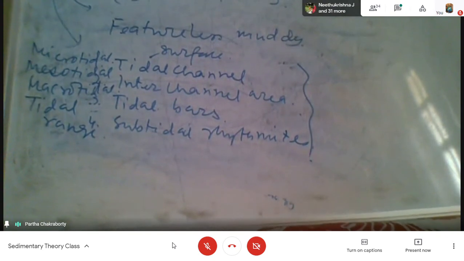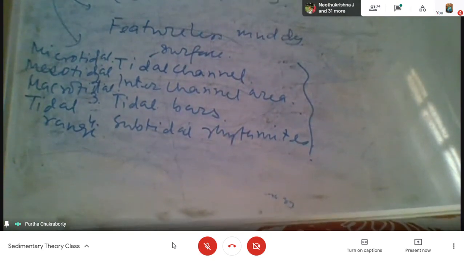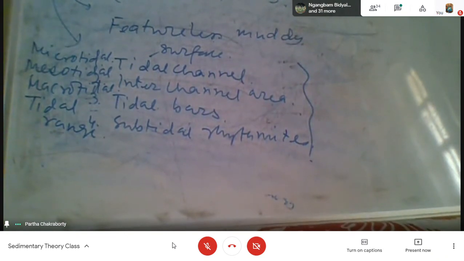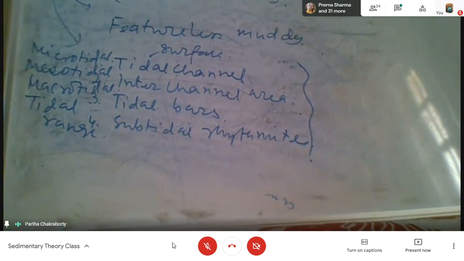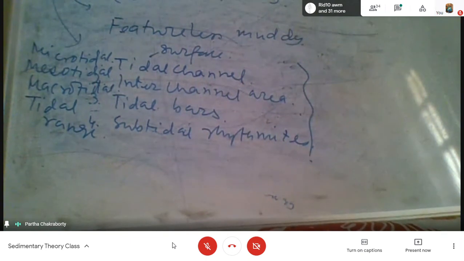If the tidal range is less than 2 meter, then you call it microtidal. 2 to 4 meter is mesotidal. And more than 4 meter, even up to 50 meter, is macrotidal. So mostly the tide dominated coastlines will be either mesotidal or macrotidal. Microtidal coastlines are mostly wave dominated. So when we talk about tide dominated coastline, we basically refer to meso or macrotidal coastline.